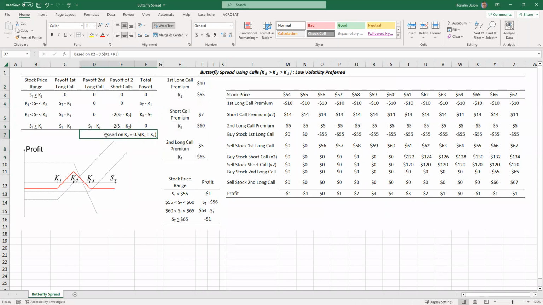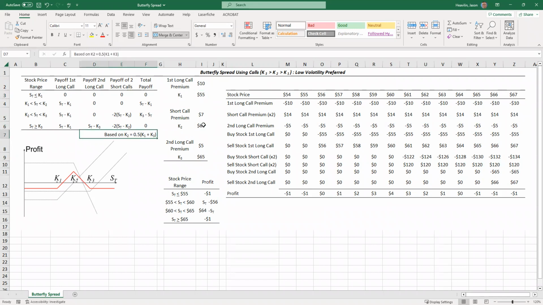I would like to make a note that this scenario is based on K2 being right in between K1 and K3, as in the average of these two. That is not necessary. The only requirement is that K2 is in between K3 and K1.